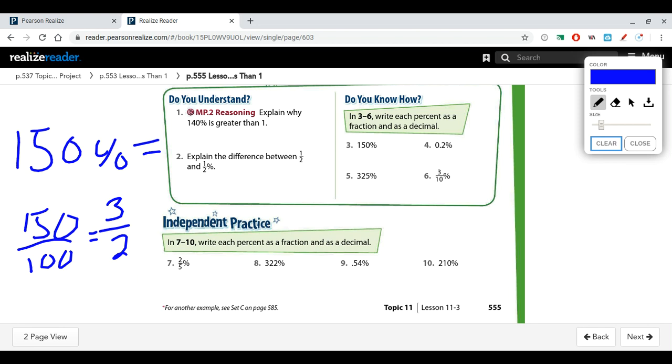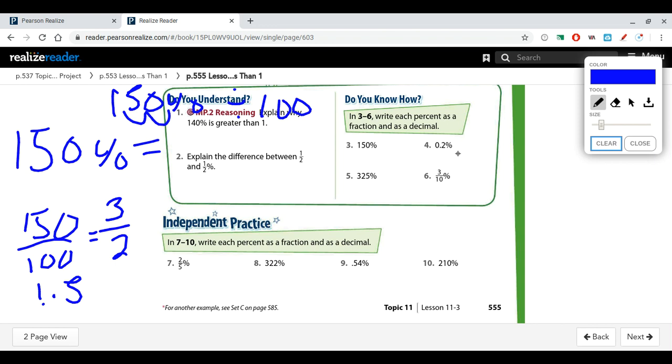And then if I write it as a decimal, remember, I'm going to take the 150% and divide that by 100. And when I divide, the decimal moves 2 places to the left. So my answer ends up being 1.5. So my two values are 3/2 and 1.5.